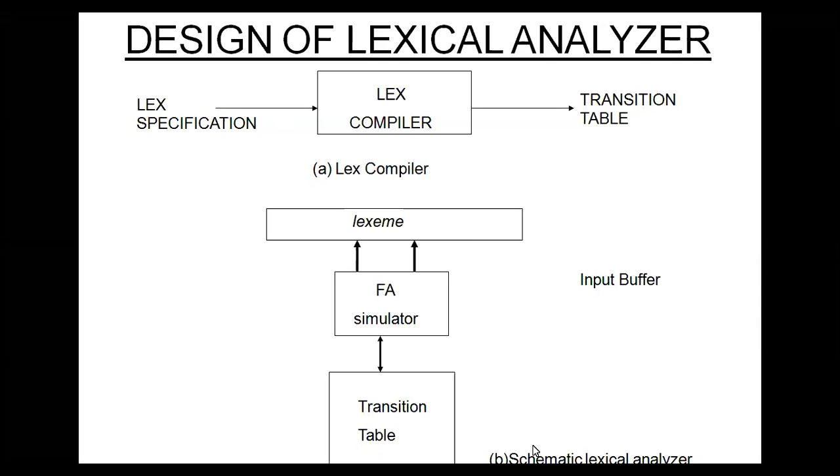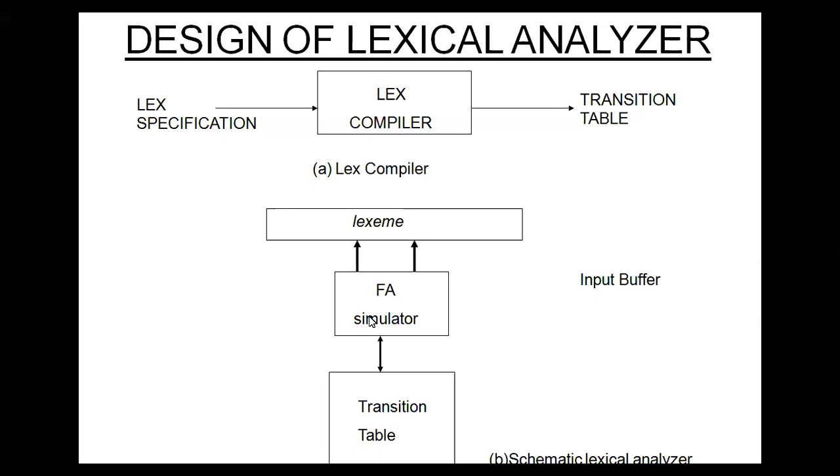Coming to the schematic representation of the lexical analyzer, after performing the lex compilation we get the output in the form of a transition table. From this transition table we need to implement simulations, like conversion from NFA to DFA, or NFA with epsilon to DFA.